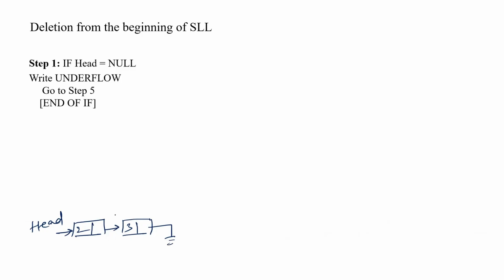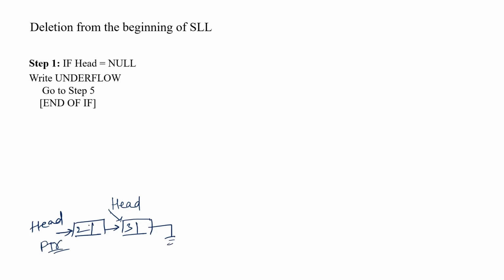If you want to make 3 the head node, then what do we have to write? We have to write head is equal to head to next. You know that you want to bring head here, so you will write head is equal to head to next. But we have to bring one more pointer here, that is PTR. Why?